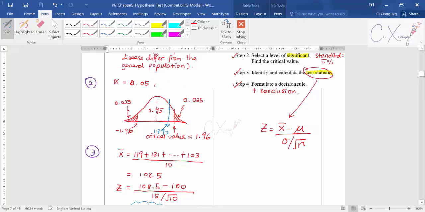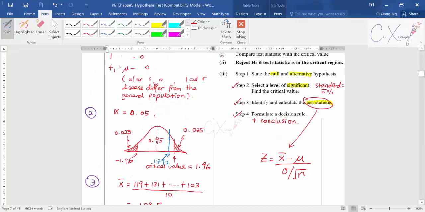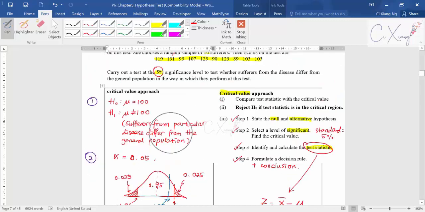And what is the conclusion? For those who learned statistics, you may know the meaning of do not reject the null hypothesis. But for those who didn't learn, they might not know. So you need to write a sentence or a conclusion to make sure that people know what the final decision for this test is. Since you do not reject the null hypothesis, you refer back to the sentence that you wrote just now.